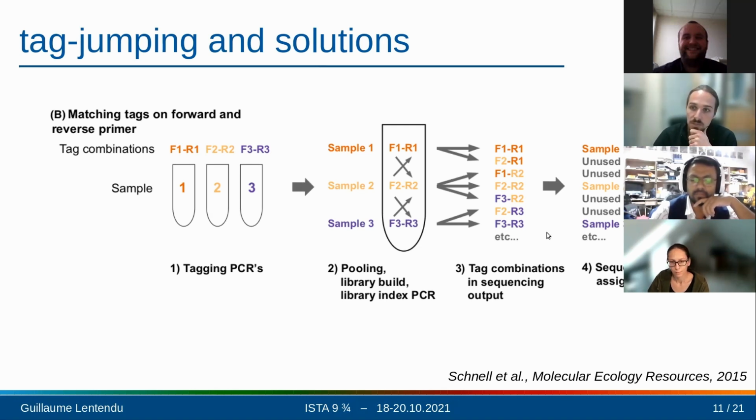So all combinations of tags could be generated. Even sequences which have F2 R2 at the beginning could end up with F3 R3. It's a really reduced amount of reads which will do that, but it could represent like 1 to 5% of the total number of reads of one Illumina MiSeq run, for example.